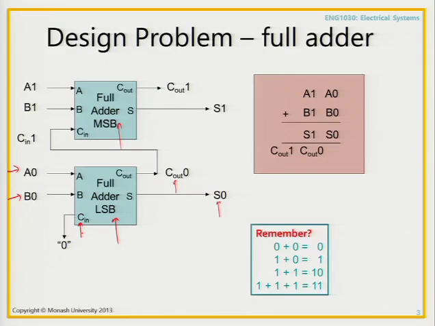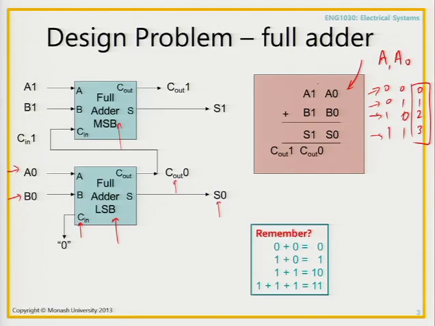How is this related to maths? Well, if we have a look at this little arithmetic diagram here, if I have a number represented by A1, A0, that could be 0, 0, 0, 1, 1, 0 or 1, 1. These represent numbers 0, 1, 2, or 3.